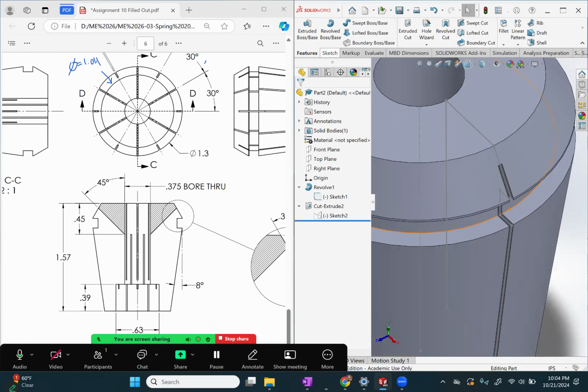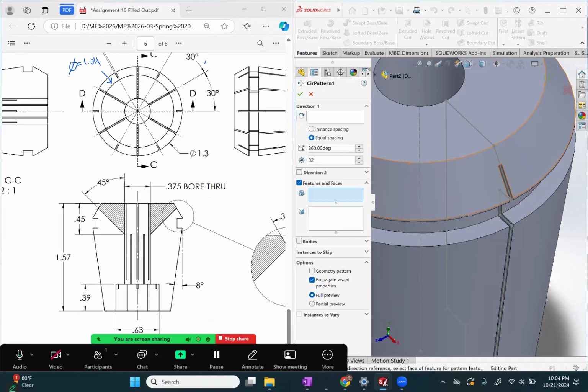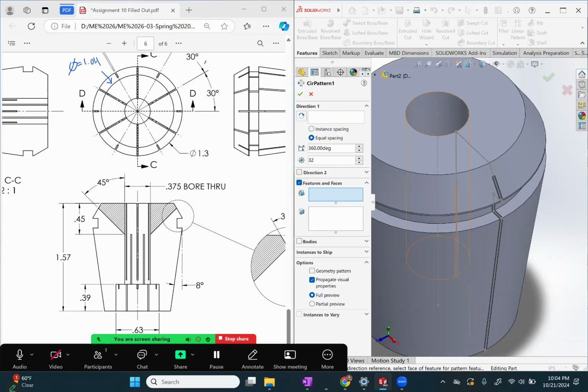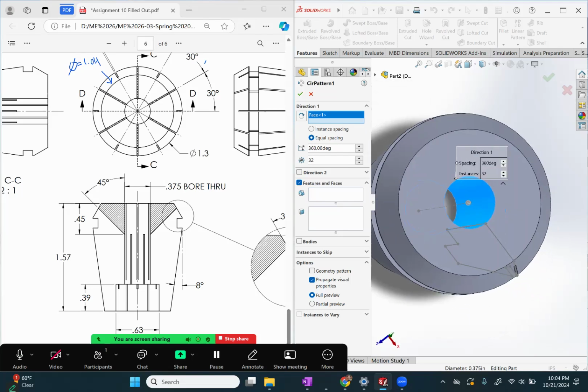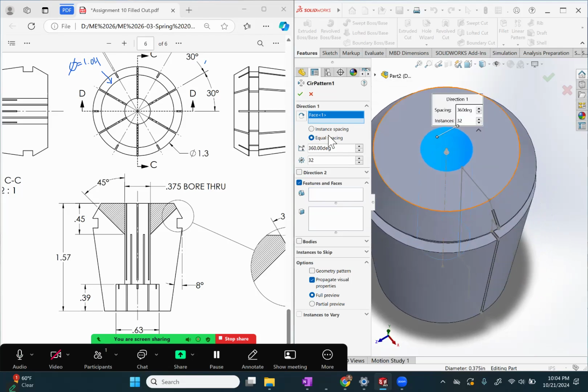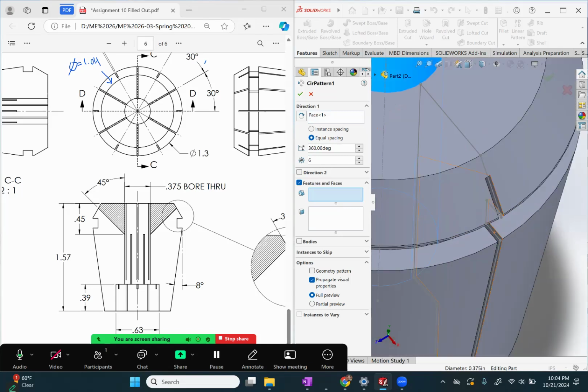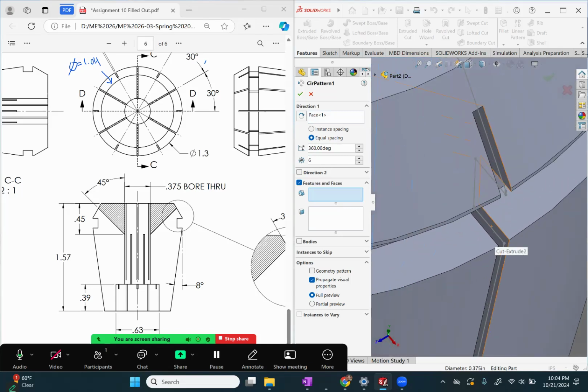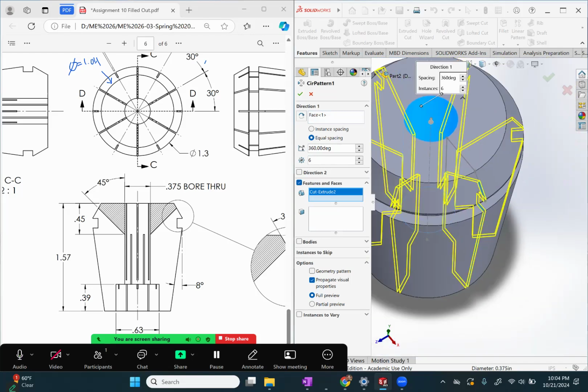So I would use, where is it? My circular pattern. The direction I want to go is in this circular direction. Equal spacing, of course, a total of 6 cuts. And the feature that I want to replicate is this cut here.